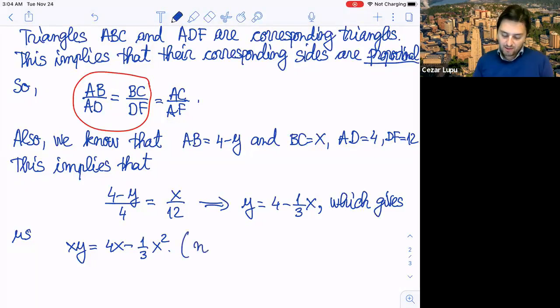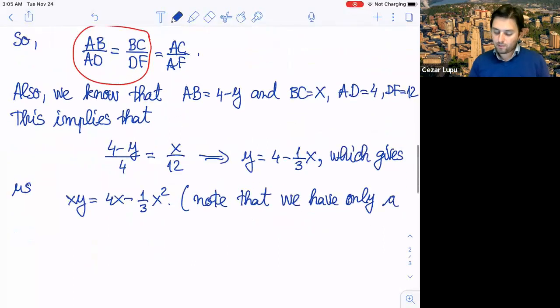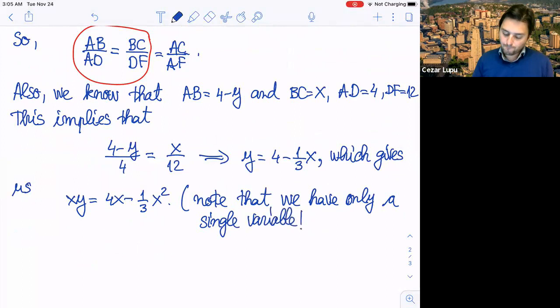So note that we have only a single variable. Right? So at this point, we can consider this function.